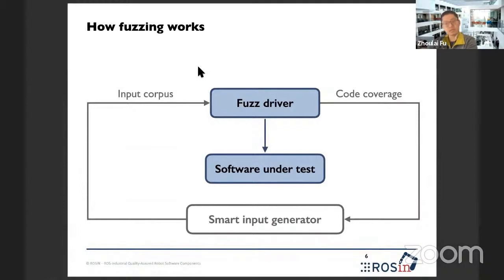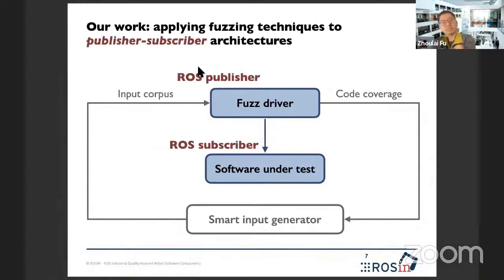Okay. So we first apply fuzzing techniques for the publisher and subscriber architecture, meaning that we want to test the ROS subscribers here. Our target is actually the ROS subscriber, but we write ourselves the fuzz driver, that is the ROS publisher. We write the publisher because the publisher invokes the subscriber.